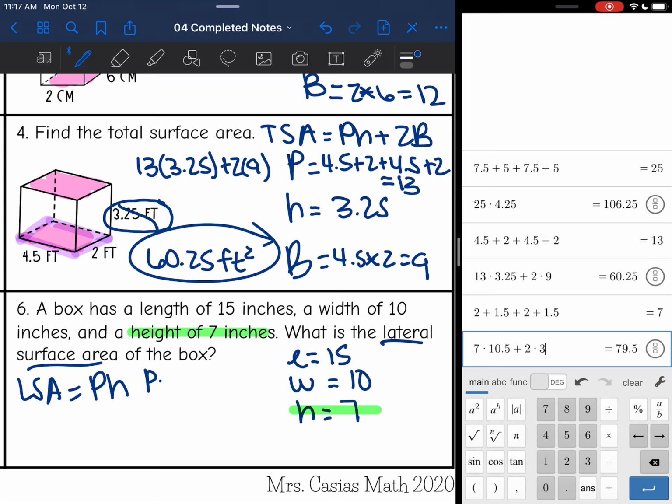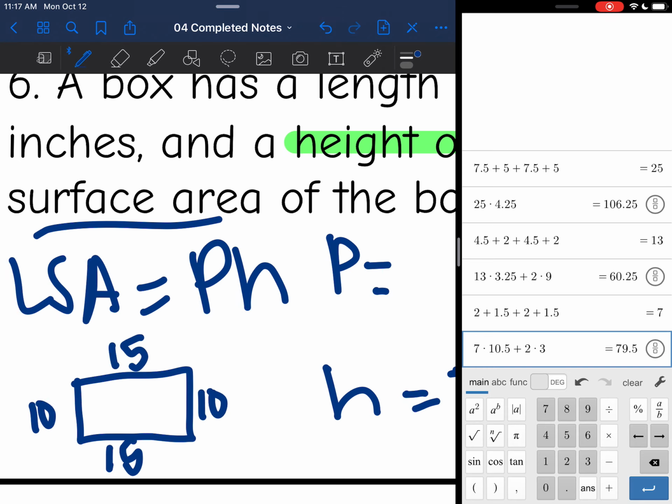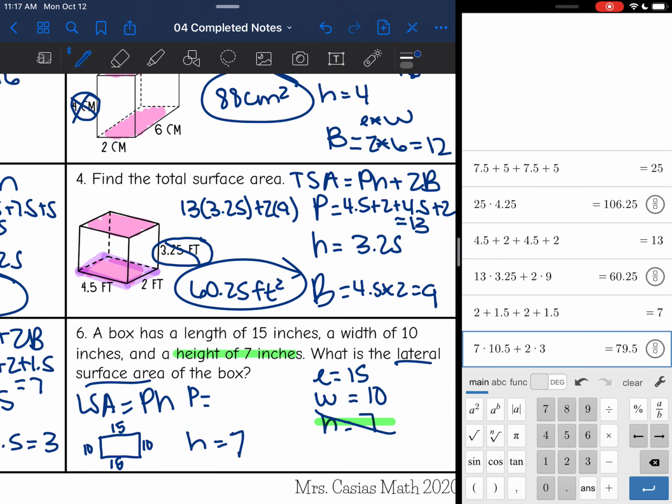So I will need to find perimeter of the base, and then the height they specified was 7 inches. Now I'm going to cross that out and I'm not going to use it again. That means the dimensions of the base are 15 and 10. So you can imagine we have a rectangle like this that's 10 by 15, and I need to find the perimeter of it by adding the four sides together.